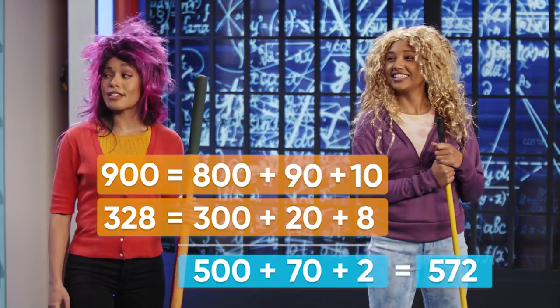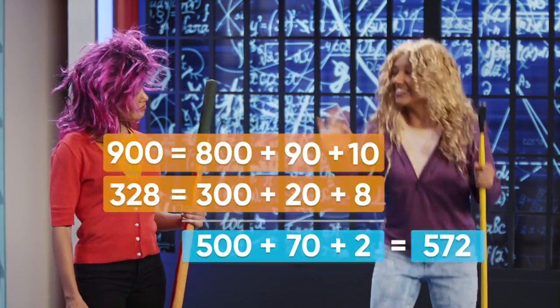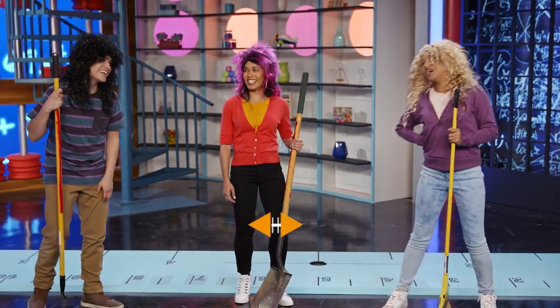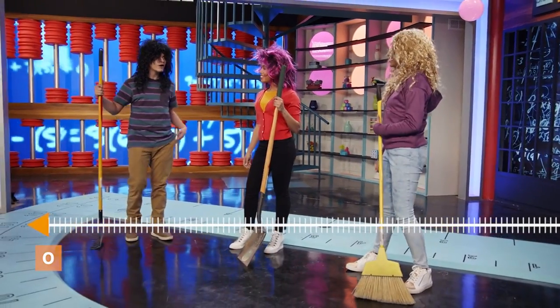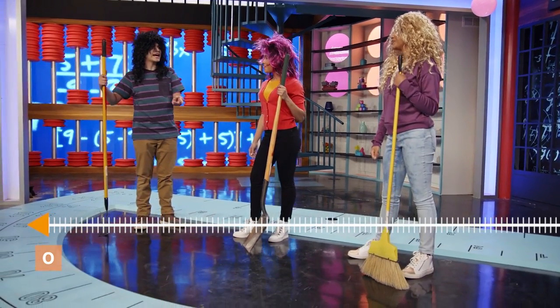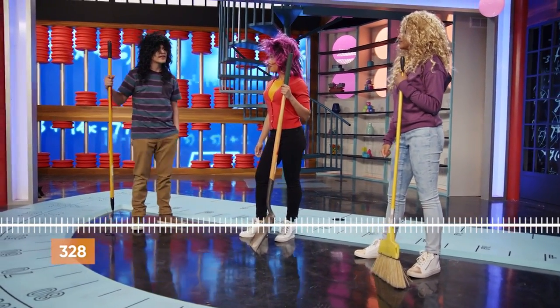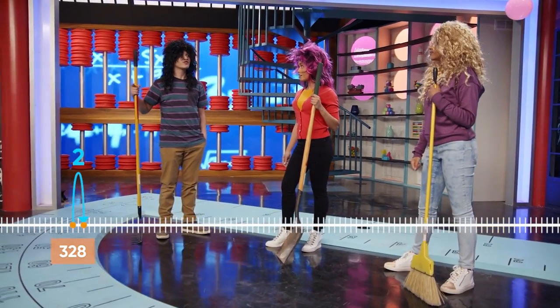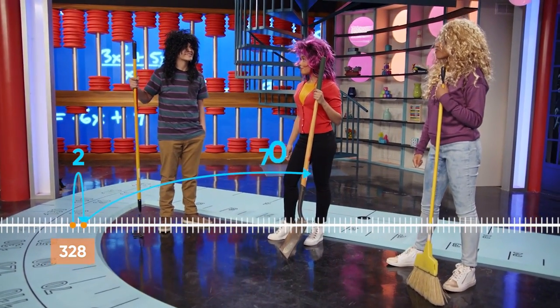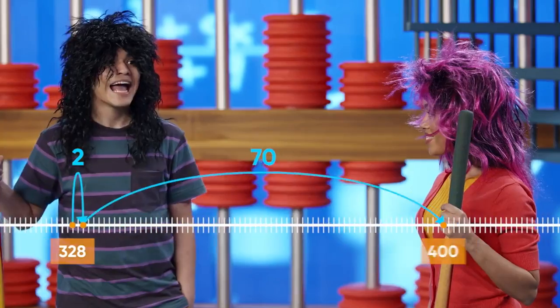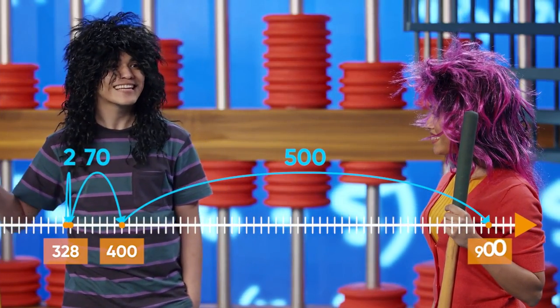I wonder if there's a different way to solve the problem. Let us guess. A number line. We can find how far apart 328 and 900 are on the number line. Well, let's start at 328. Add 2 to get to 330, then add 70 to get to 400, and then add 500 to get 900.